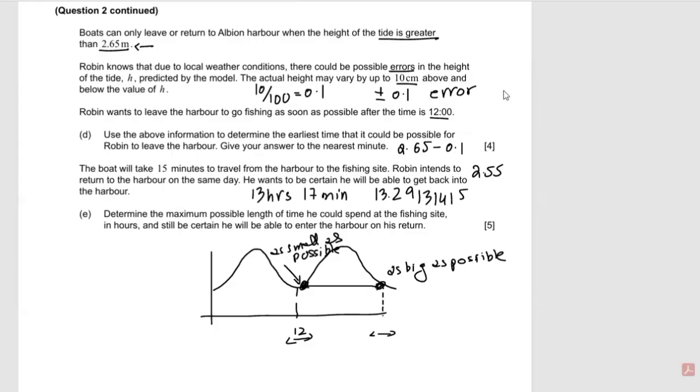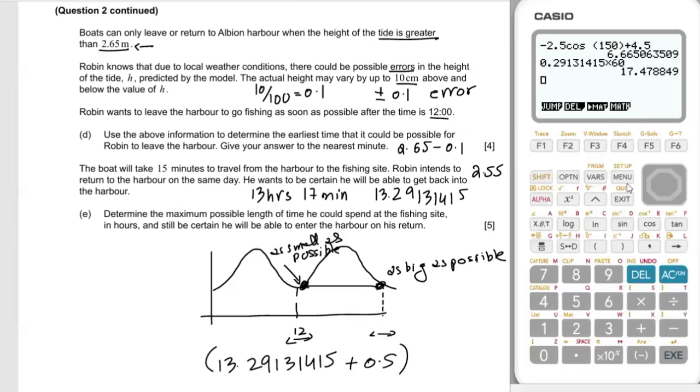So I've got the lower limit already, which is 13.29131415, and add 15 minutes and 15 minutes, a half hour, so 0.5. Add this and now I get the max possible time, which will be, just go back to your graph.